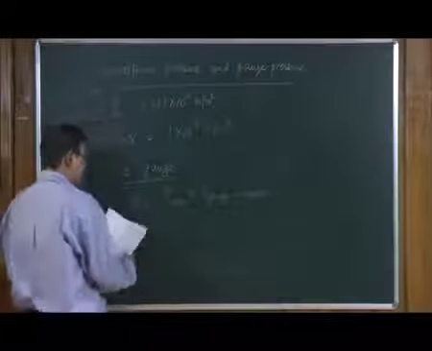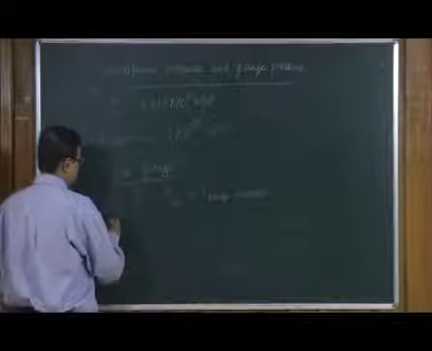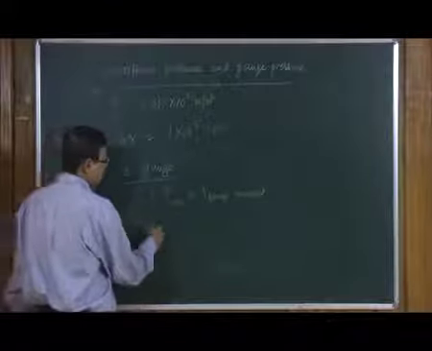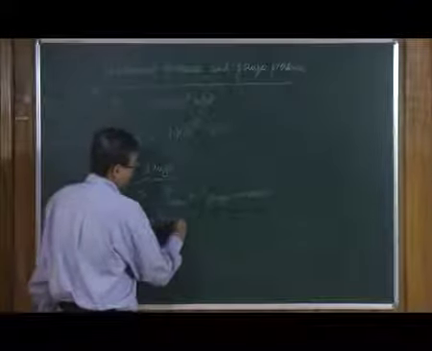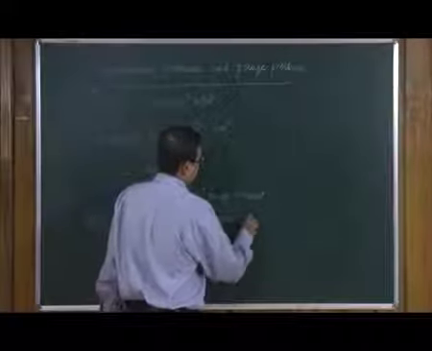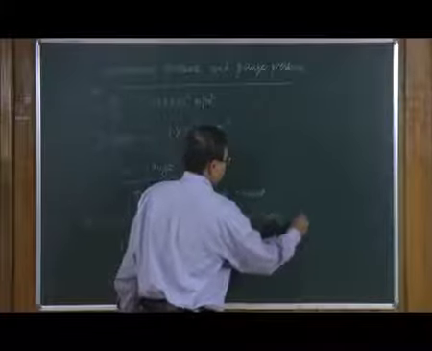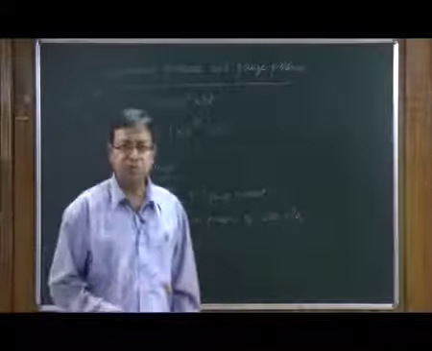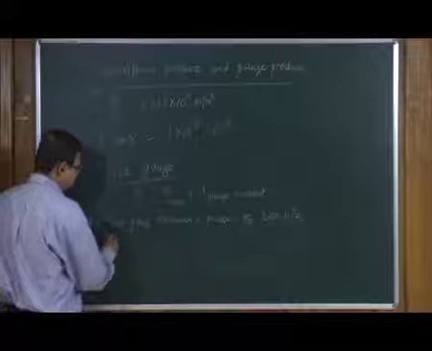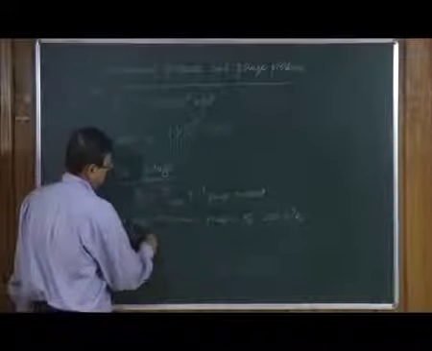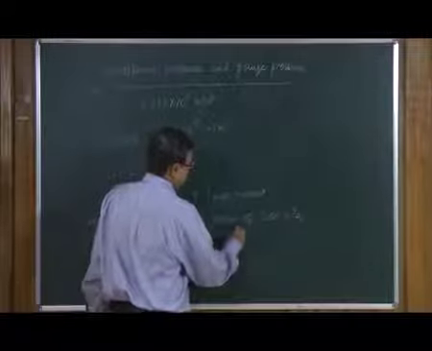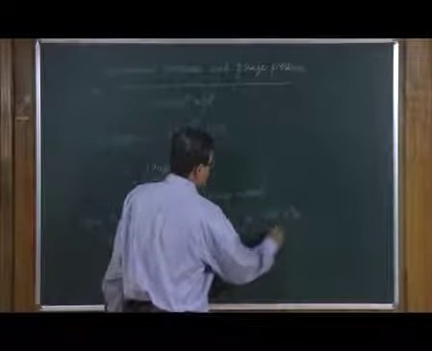So, if a tire gauge measures a pressure of 200 kilopascals, I keep shuttling between Newton per meter square and pascals because they are the same, then the actual pressure is 200 kilopascal plus 100 kilopascal.